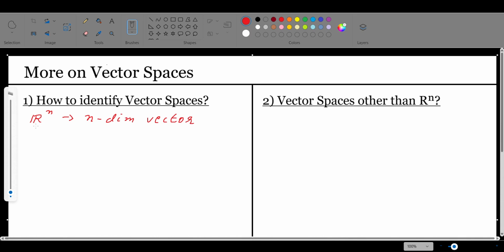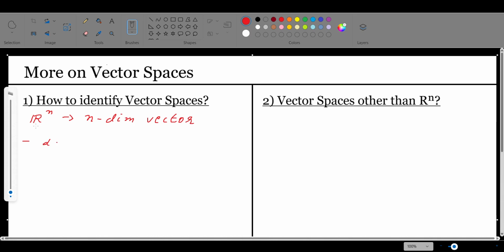However, there is another thing we had touched upon, which I'll talk about in more detail now, which is that every single linear combination of any set of vectors within a space should also result in a vector that's within the same space. Only then is it a vector space.